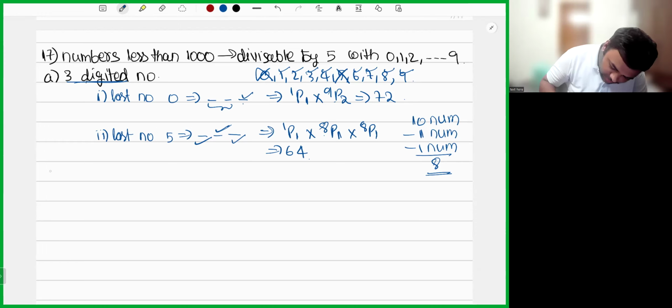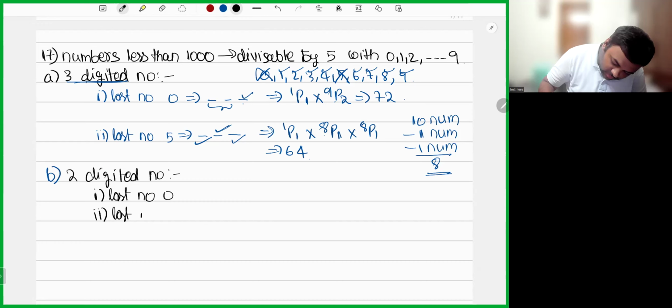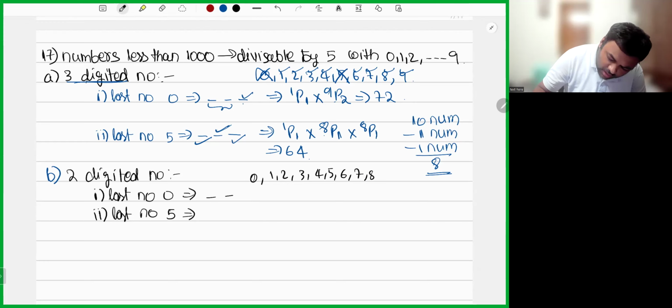Next. B. Two-digit numbers. First, last number 0, last number 5. Digits 1, 2, 3, 4, 5, 6, 7, 8, 9.